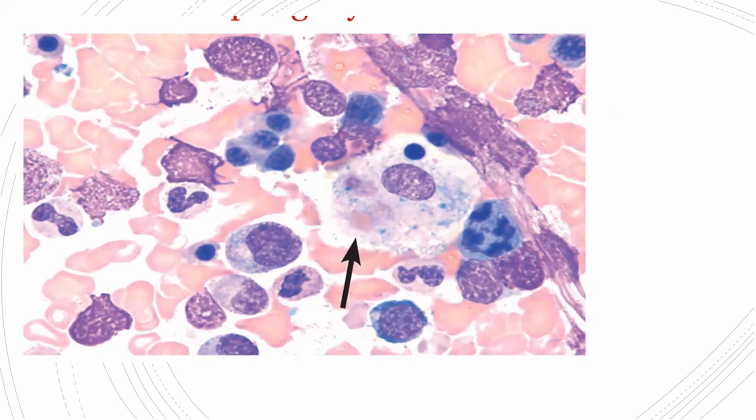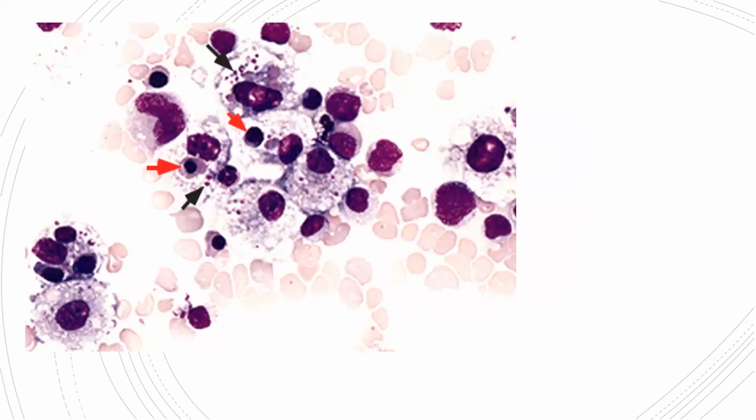In the next picture, you can see a clearer picture. You can see the phagocytosis of the nucleated red blood cells. The red arrow shows the nucleated red blood cells, and the black arrows show the platelets all engulfed by the macrophage.